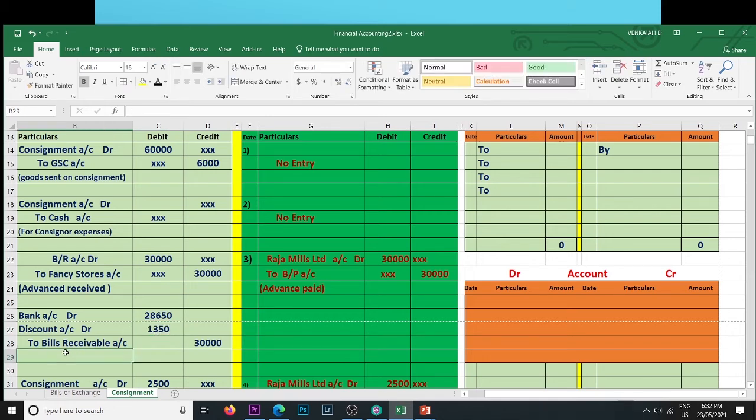B by R discounted. This entry we know very well from the previous chapter.